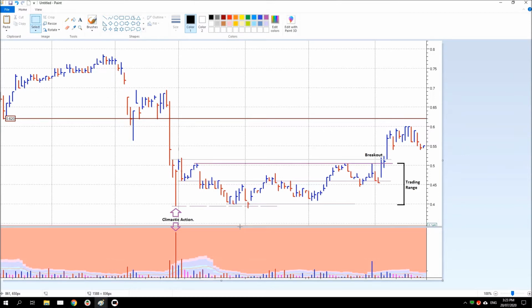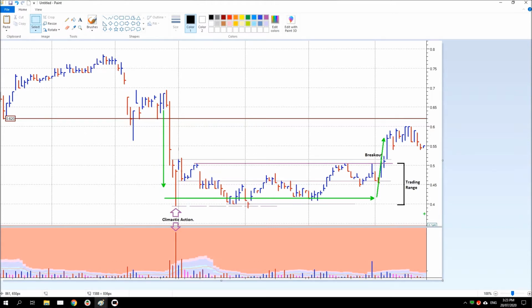If you can understand this and the shape of an accumulation zone, where price pushes down, breaks below the previous lows, then moves sideways and then pushes out, that's the shape of an accumulation. They're not always that shape.